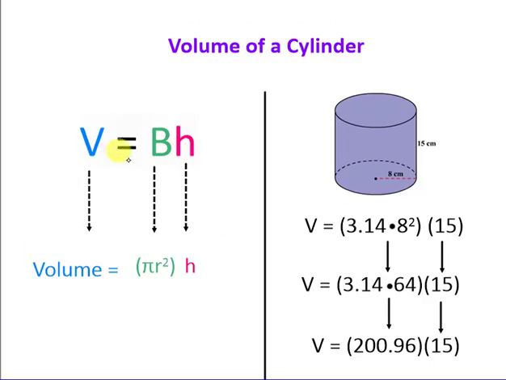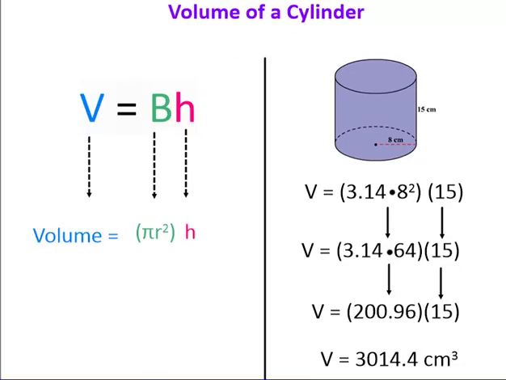So volume equals big B times H. So volume equals pi r squared for the big B because that's the area of the base, times the height of the prism. So if we look at this example right here, we have a cylinder and it has a radius of 8. So we have pi 3.14 times 8 squared.